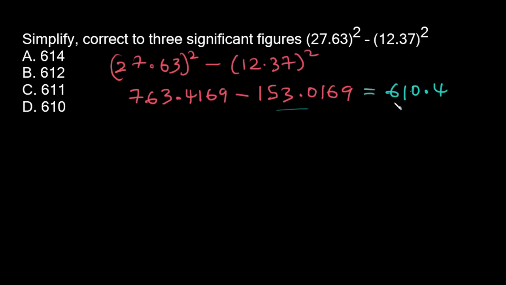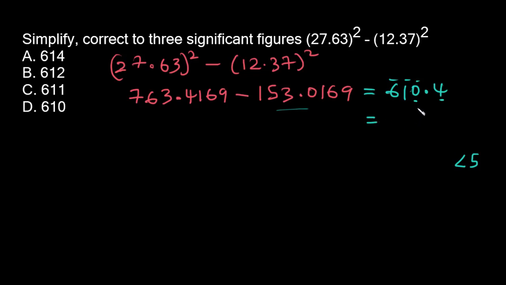So we have 1, 2, 3. The digit that comes after the last significant digit is less than 5, and once we have a digit that is less than 5, it doesn't affect the last significant digit.